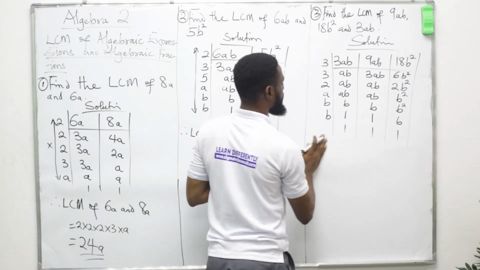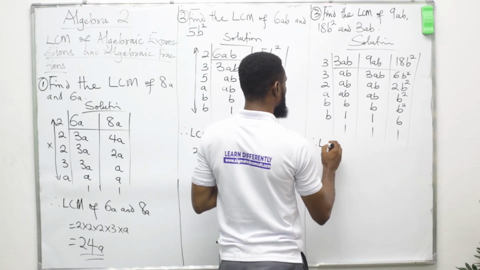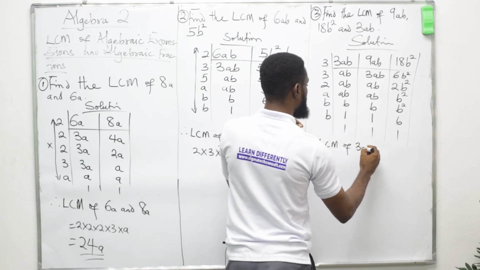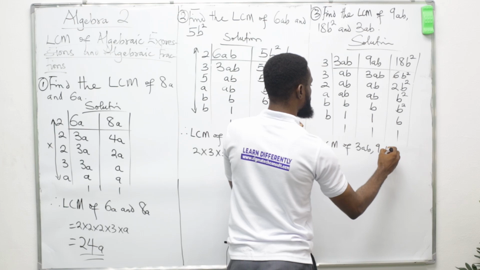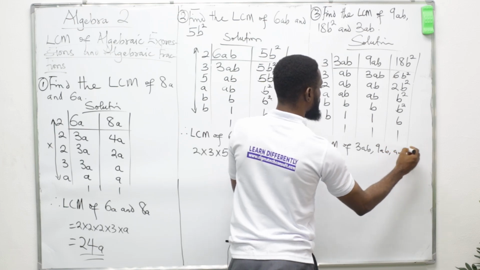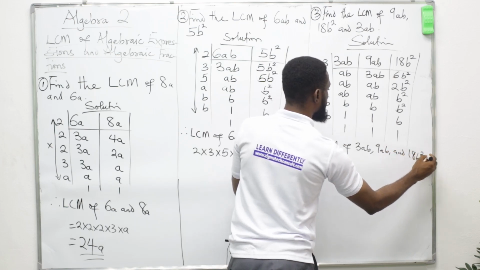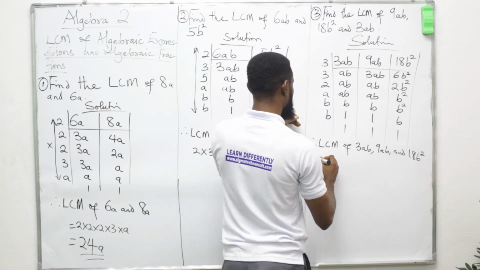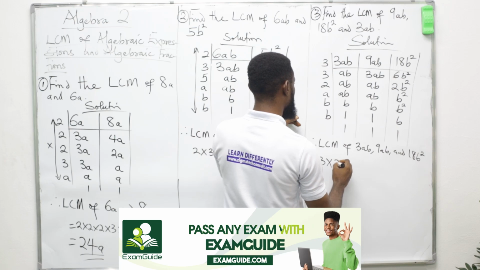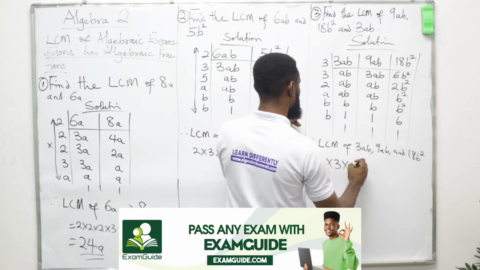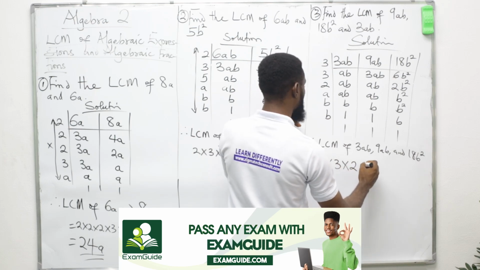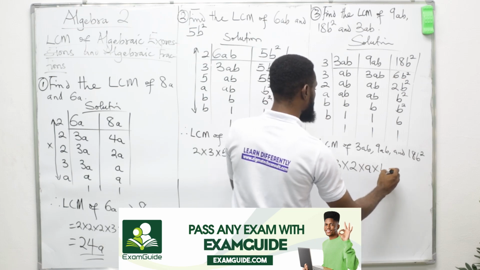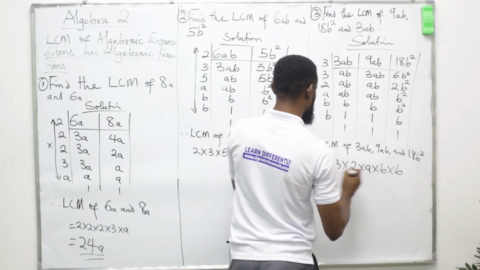So we say, therefore, LCM of 3ab, 9ab, and 18b squared is equal to, you multiply all this, 3 times 3 times 2 times a times b times b.